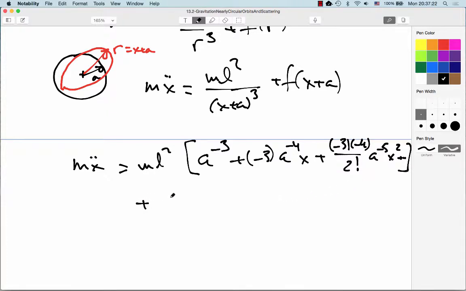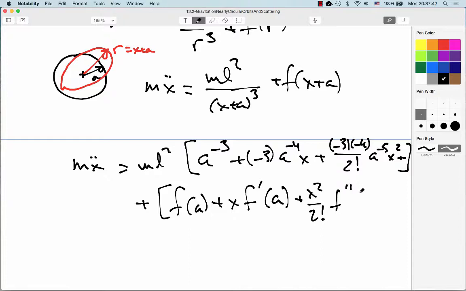Then from the other term, I will get F evaluated at a plus x times the F prime evaluated at a, so dF/dx is what that means, evaluated at a, plus x squared over 2 factorial F double prime at a plus and such.